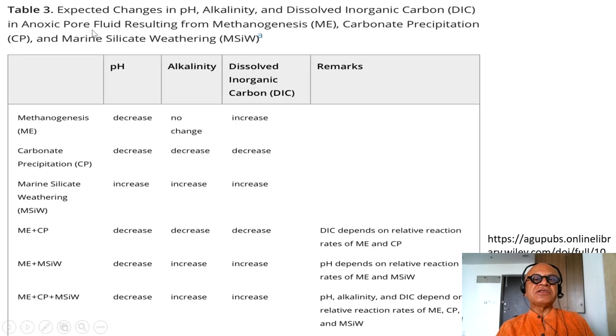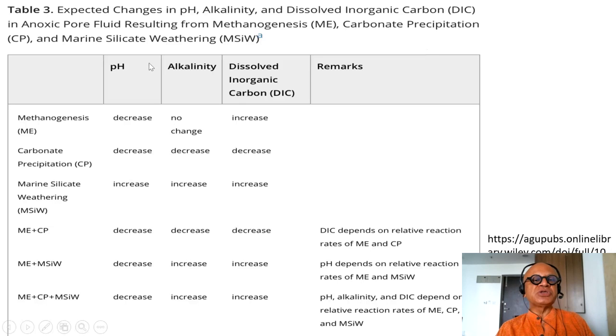And here, extended, this table is looking at expected changes in pH, alkalinity, and dissolved inorganic carbon in anoxic pore fluid resulting from methanogenesis. Anoxic usually means there are species which can degrade hydrocarbons that are available and convert them into DIC via methanogenesis.